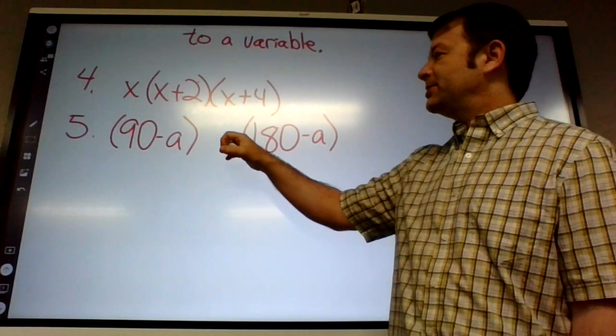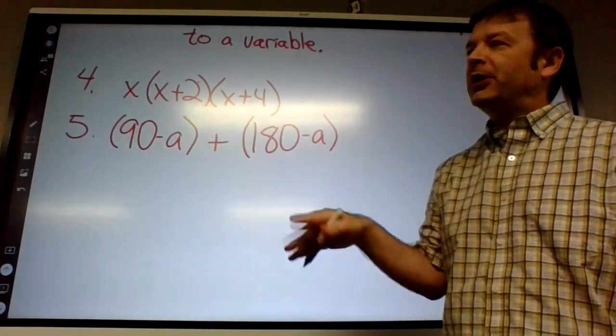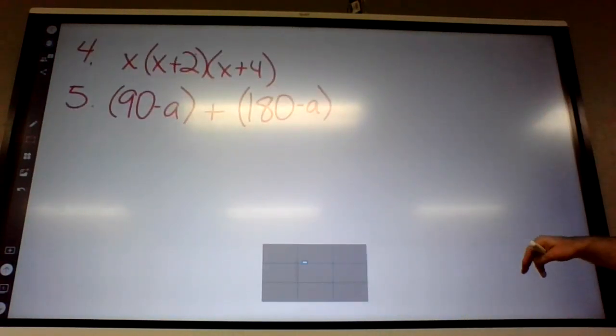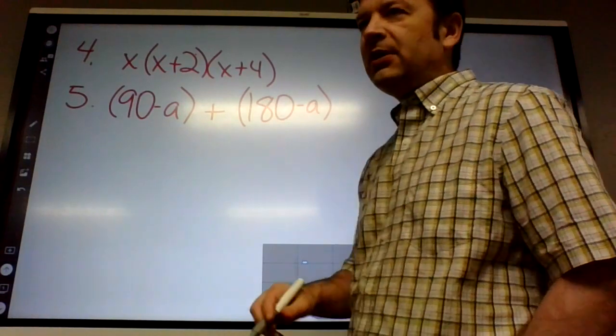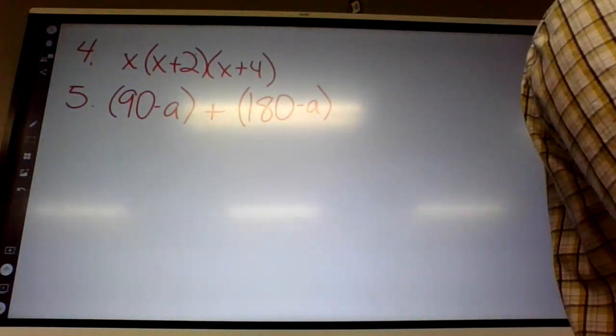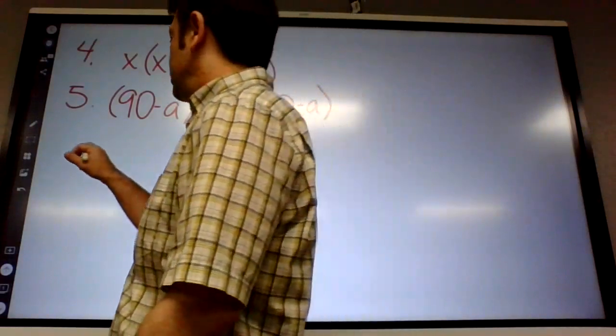Anyway, but sum means adding, so you just put a plus right there. Don't worry about the complement supplement thing. But you do need to know what sum means, you do need to know what product means, difference, less than, all that stuff. We'll talk about that more later.